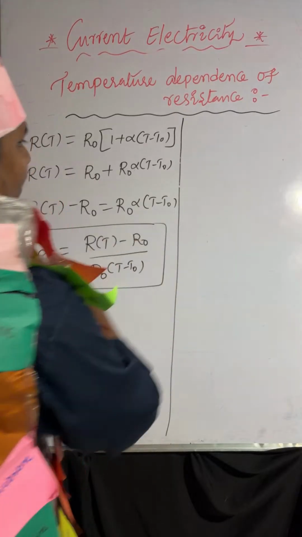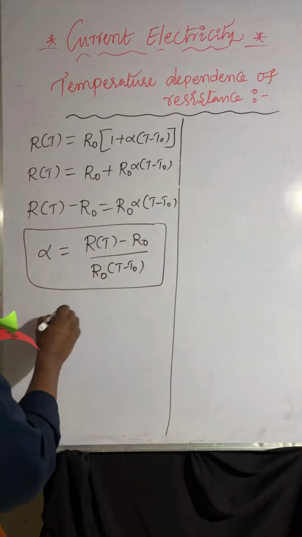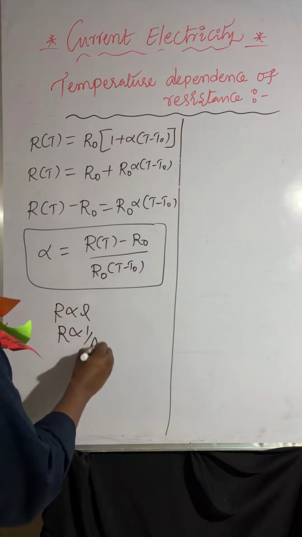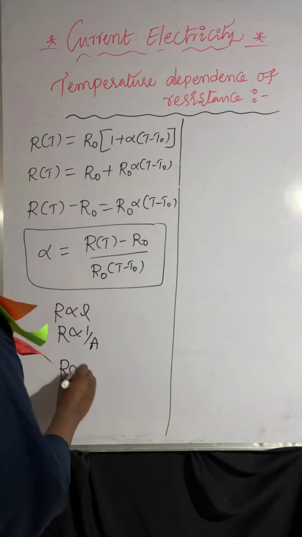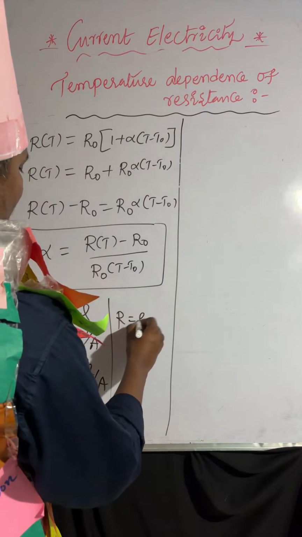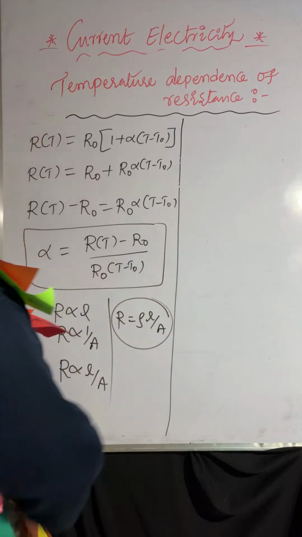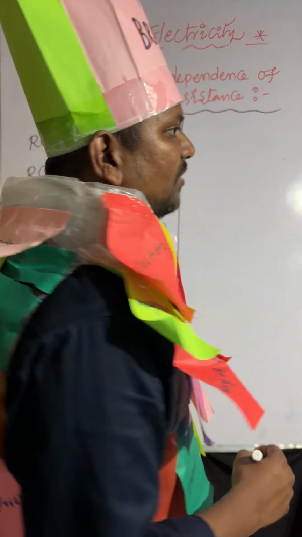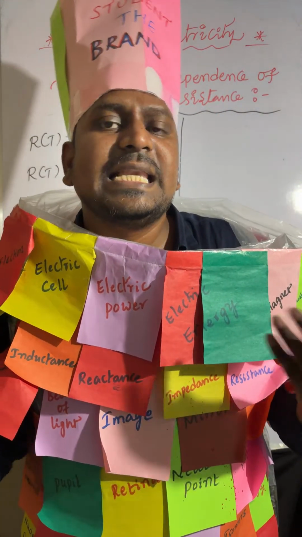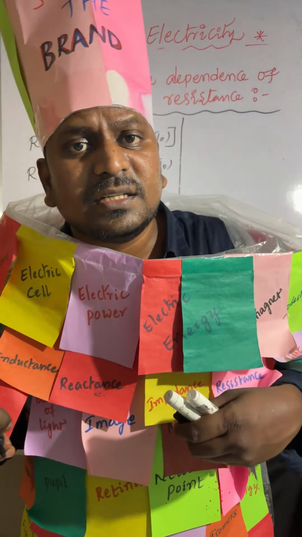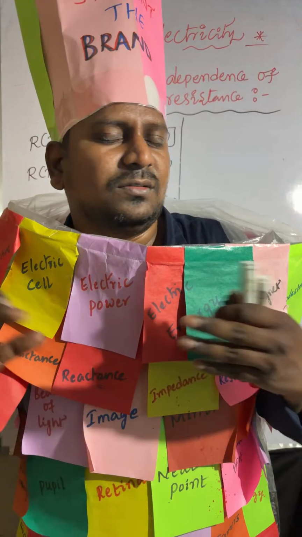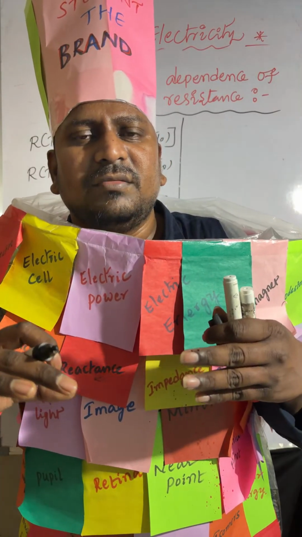Here you can observe, we know R is directly proportional to L and inversely proportional to the area of cross section, so R equals rho into L by A. When temperature increases, length and area of cross section also increase, but these expansions are very small.